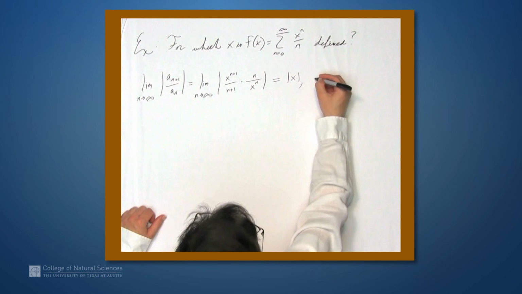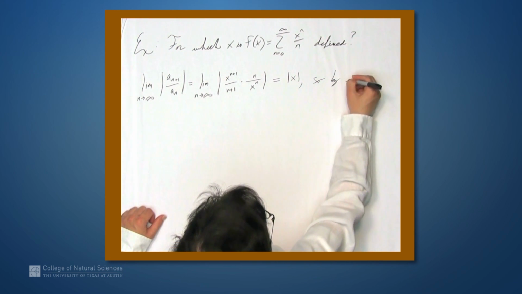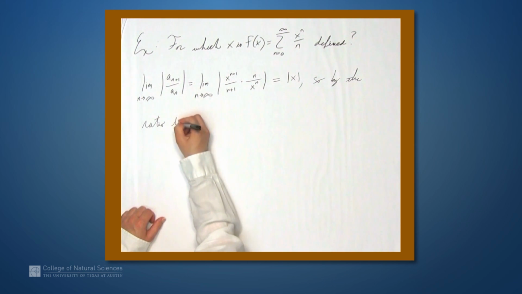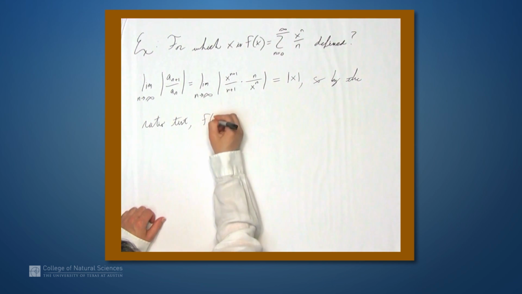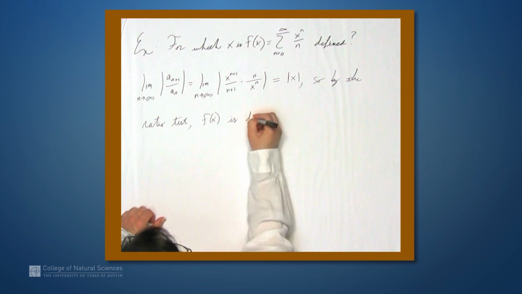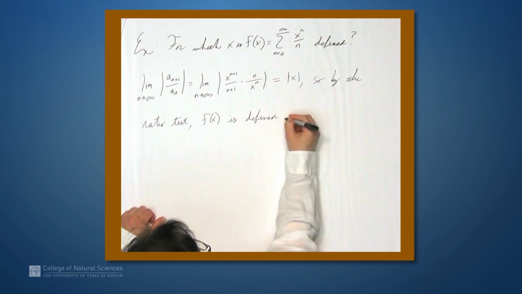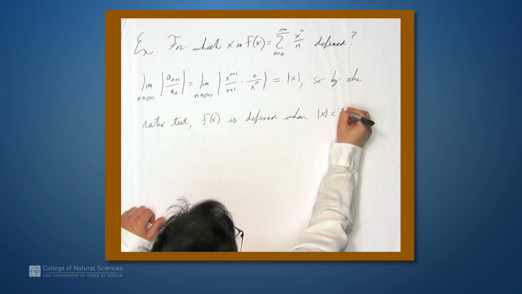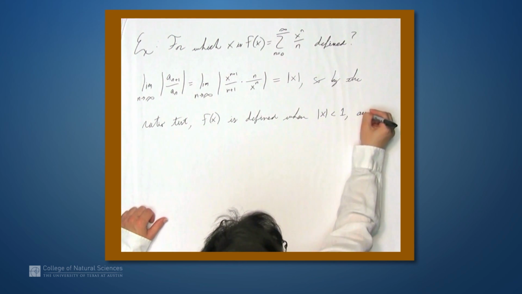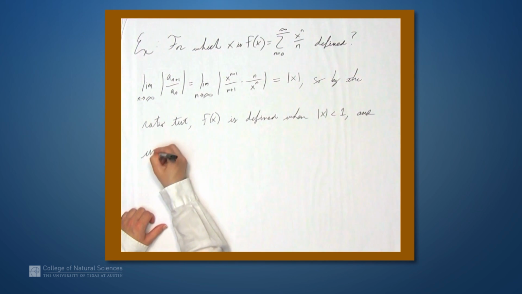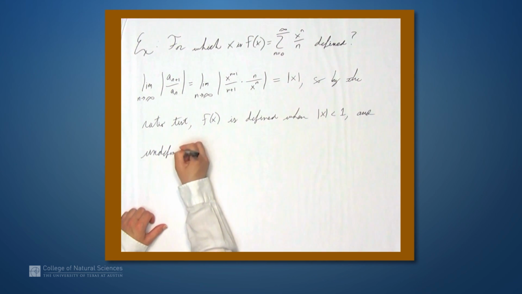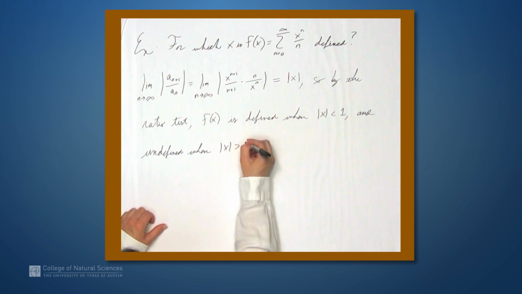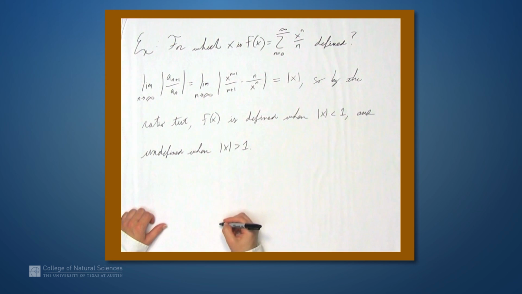So by the ratio test, f of x is defined when the absolute value of x is less than 1 and undefined when the absolute value of x is greater than 1.